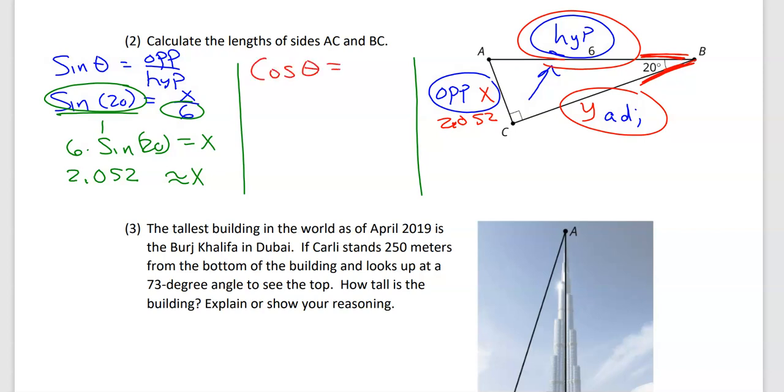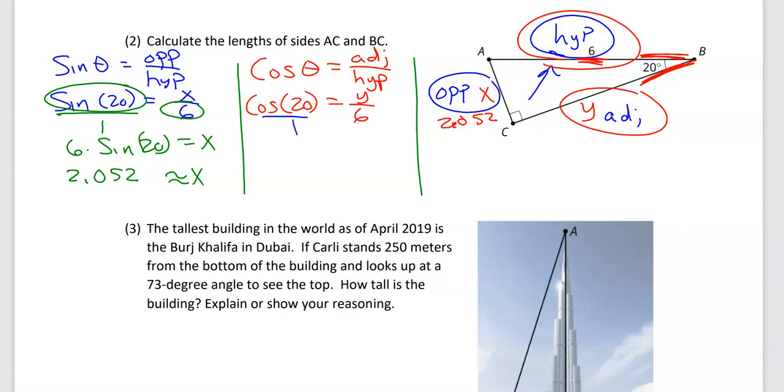So cosine of theta is equal to the adjacent side over the hypotenuse. I prefer that we use the hypotenuse here and not the opposite side, the 2.052, because the 6 is the exact answer, where the 2.052 is an approximation. So replacing the numbers, cosine of 20 degrees is equal to y over 6.